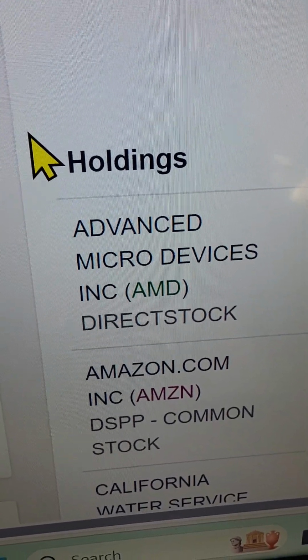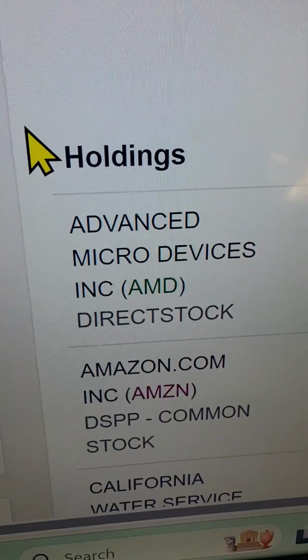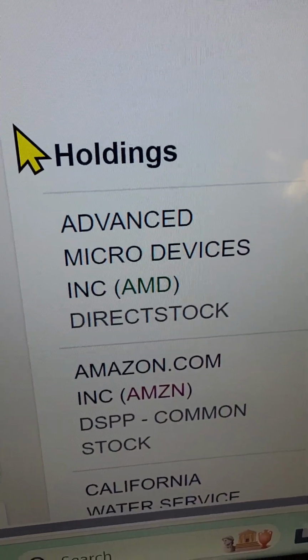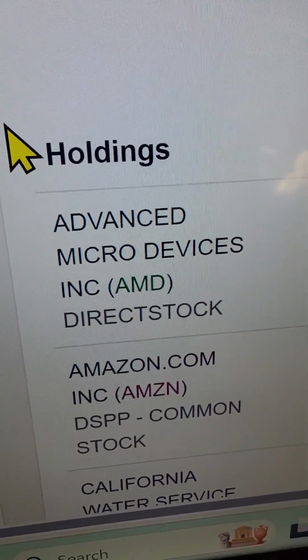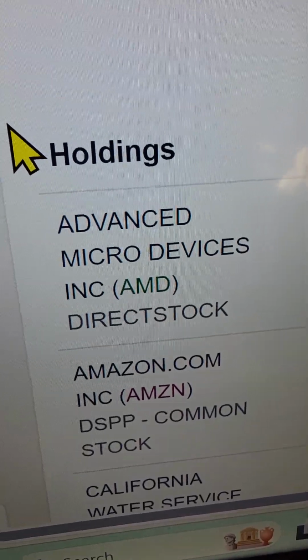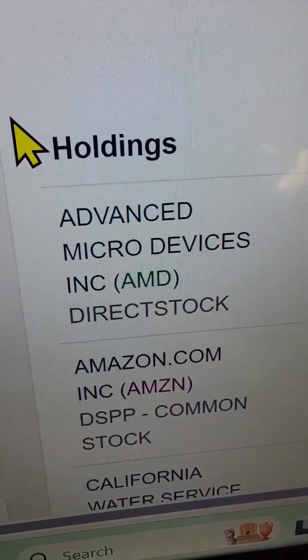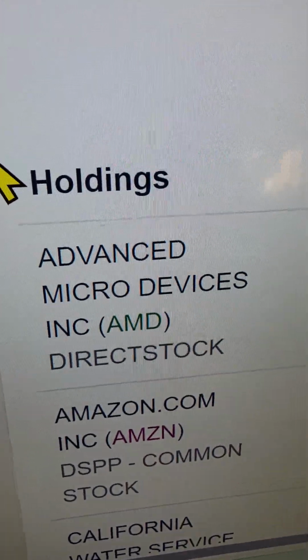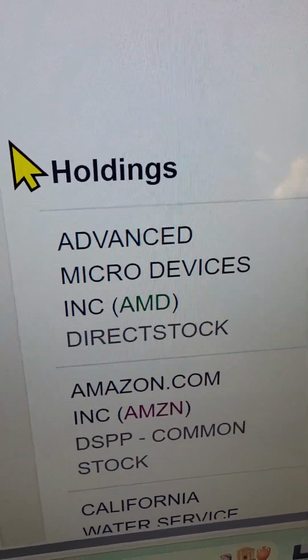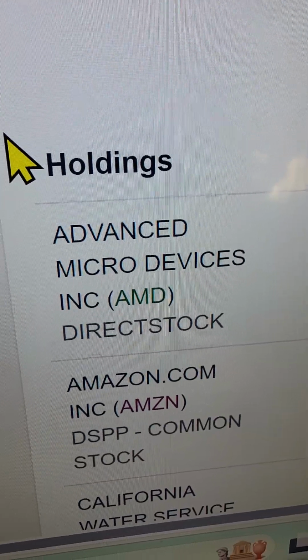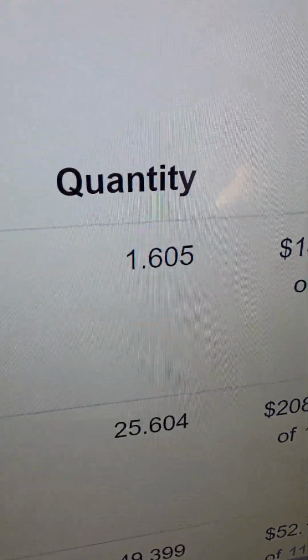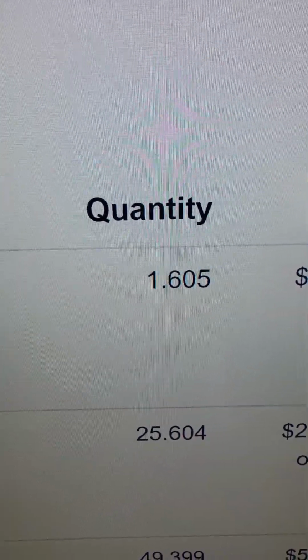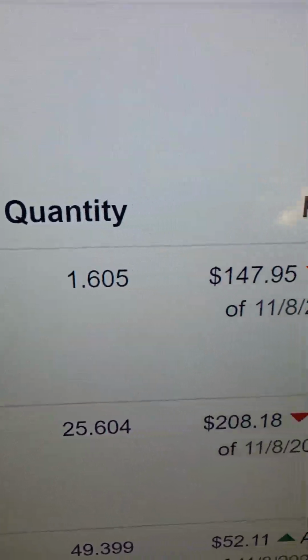That's our first stock. They're in alphabetical order. We used to have 13 stocks. We only have 12 now because we sold our Raytheon stock last week. So first stock up is Advanced Micro Devices Incorporated, and its ticker symbol here, AMD. That's how you can look it up on the stock market. Whenever you hear ticker symbol, that's what a ticker symbol is. Right next to that is the quantity of shares we have, 1.6.